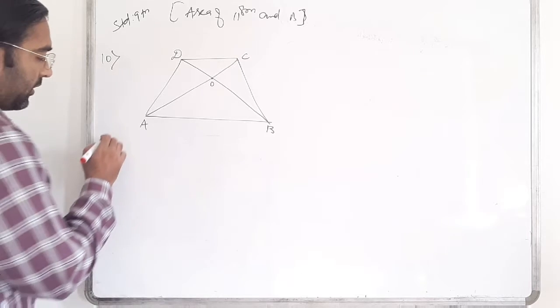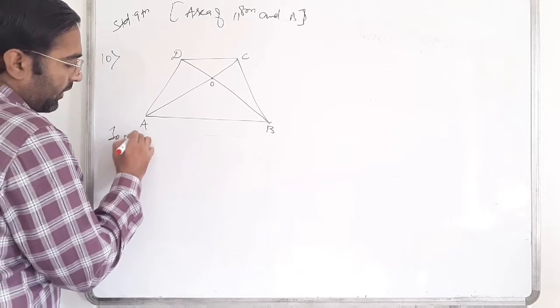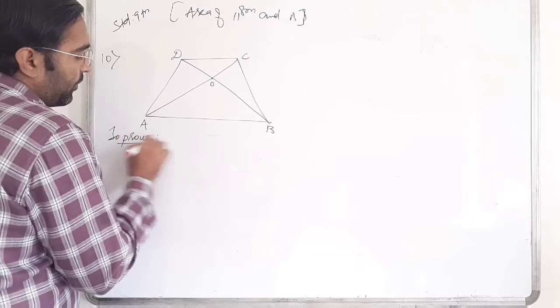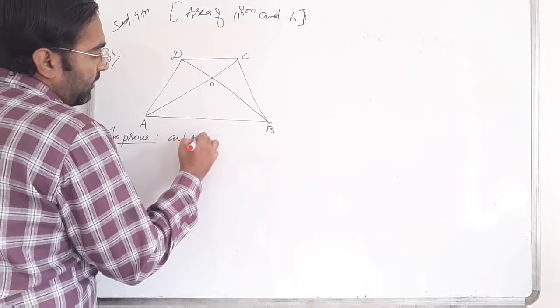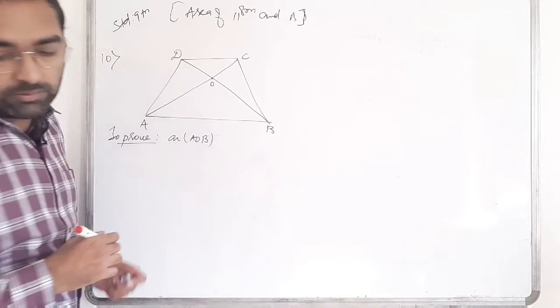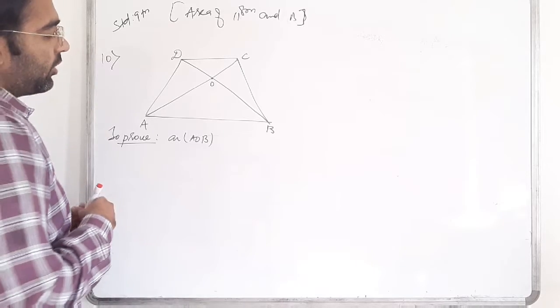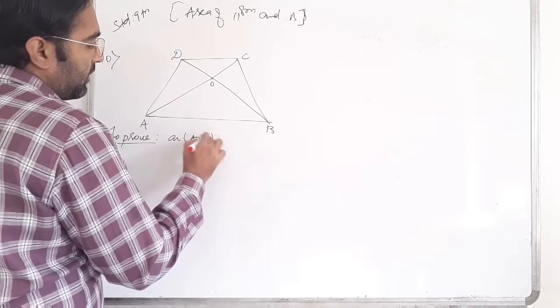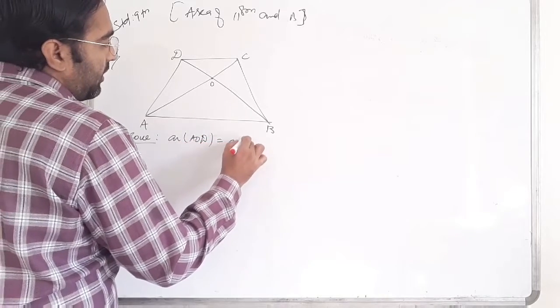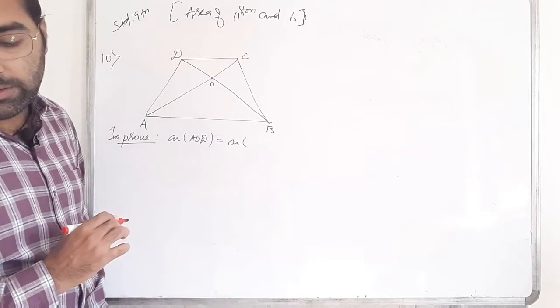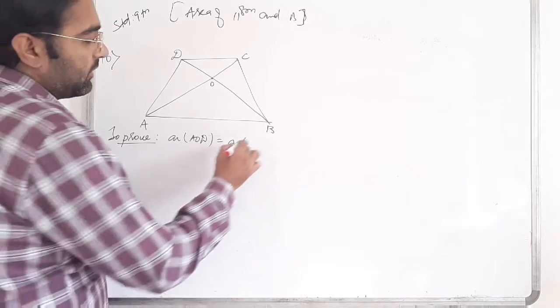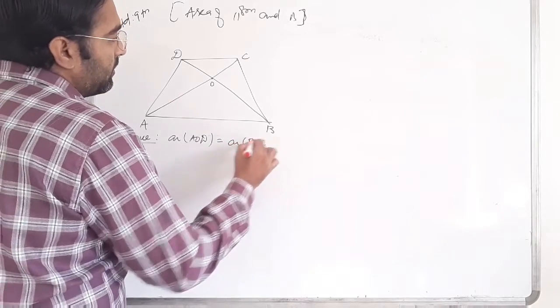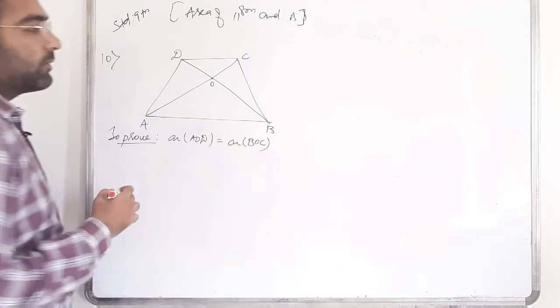You have to prove that area of AOD is equal to area of BOC. Clear?